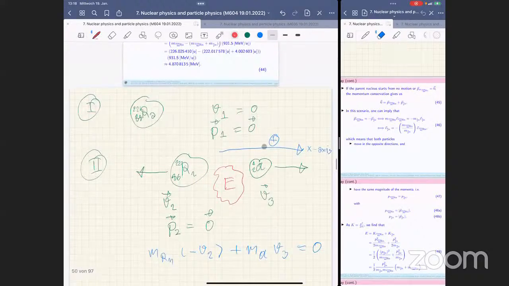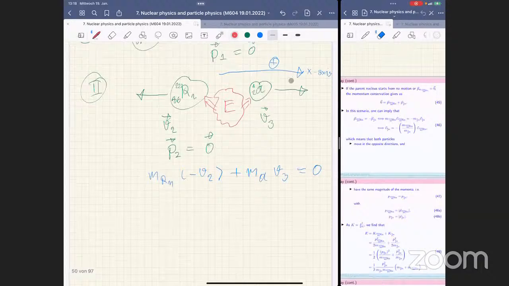And E will be dedicated to the alpha particle and to the radon nucleus. I don't know how much each will take, but this amount of energy, 4.87 mega electron volt, will be divided between both particles, and they want to know the kinetic energy here for the alpha particle.